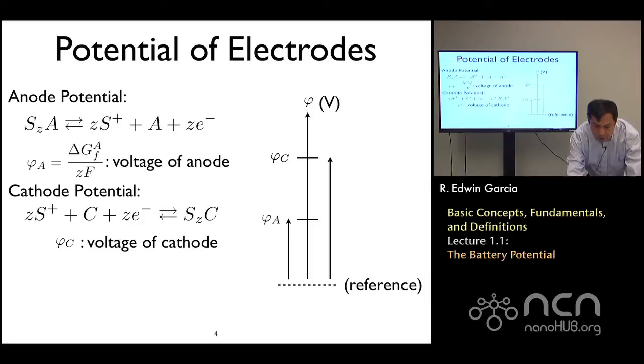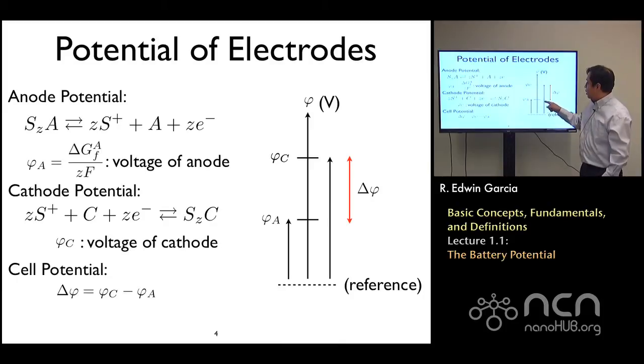Because the voltage of the battery happens to be the voltage difference between the cathode and the anode. If you want to make a battery, obviously you want that voltage to be as high as possible for the cathode and as low as possible for the anode, because at the end of the day, you want this potential difference to be as large as possible. That's what gives you the energy per charge.